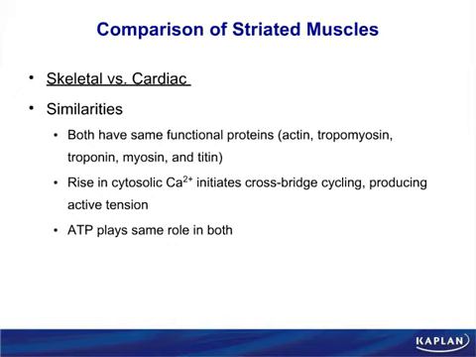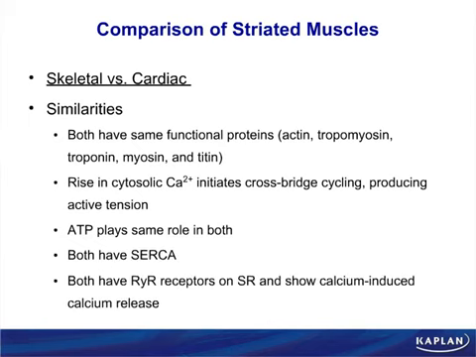We also need ATP to dissociate actin and myosin, and to power the SERCA pump for relaxation. Both have SERCA. Both also have ryanodine receptors on the SR, and they show calcium-induced calcium release. Now, the big difference here, though, is the source of calcium, and we'll talk about that in just a moment.